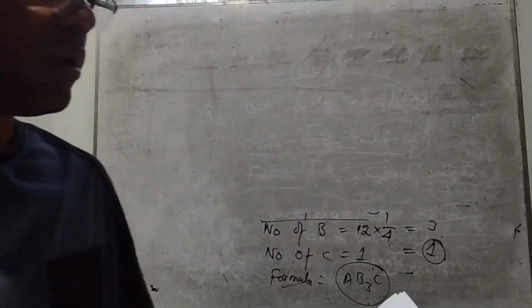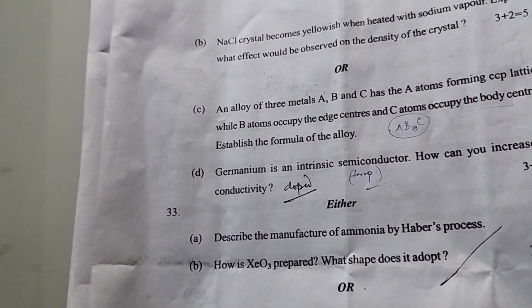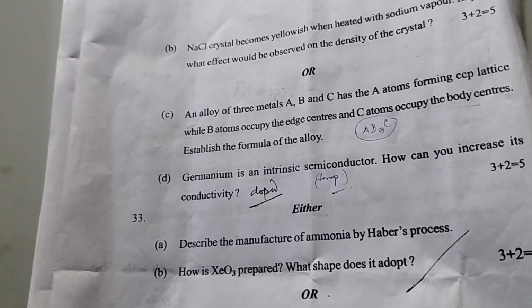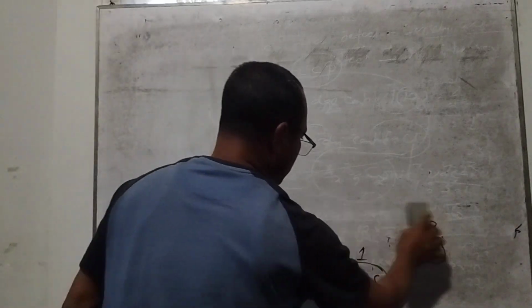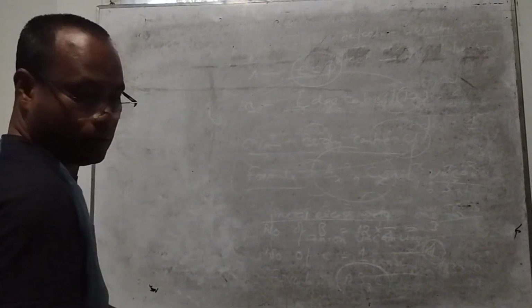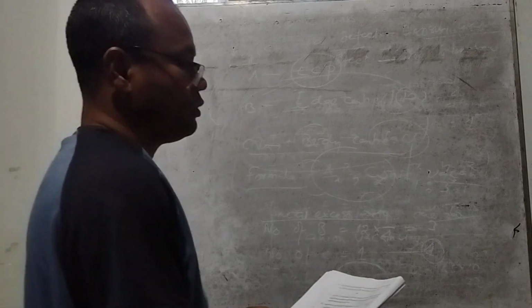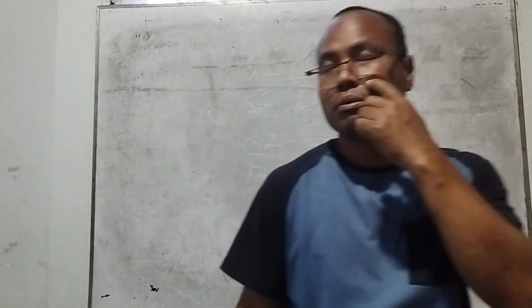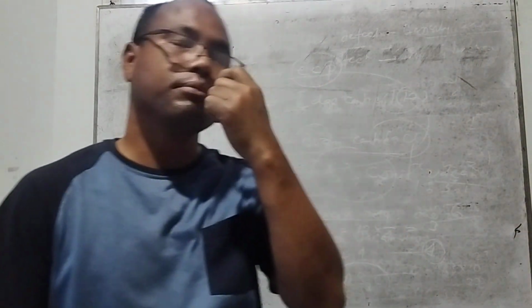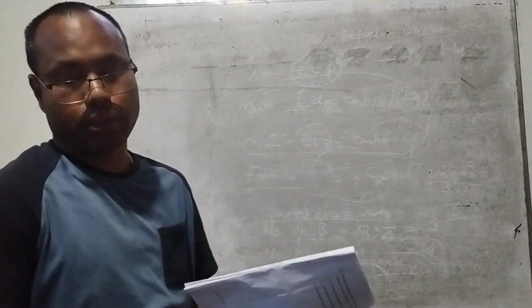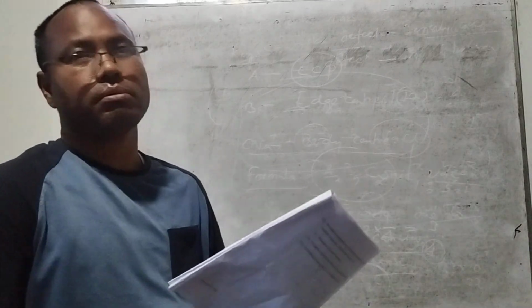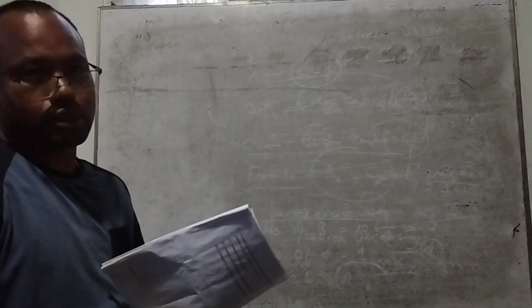The next question, the D part, is written here. Germanium is an intrinsic semiconductor. How can you increase its conductivity? Right, okay. During our class, your teachers may not explain the intrinsic semiconductor because this topic is majorly related to your physics, right?